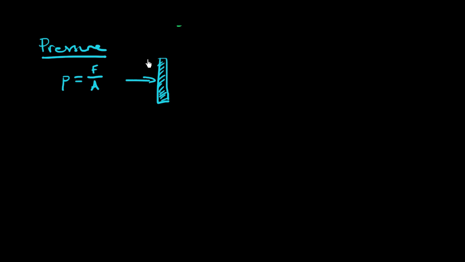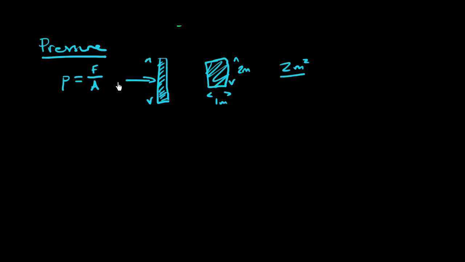Looking at it head on, it has a length of 2 meters and a width of 1 meter. Then the area would be 2 times 1, so that would be 2 meters squared.